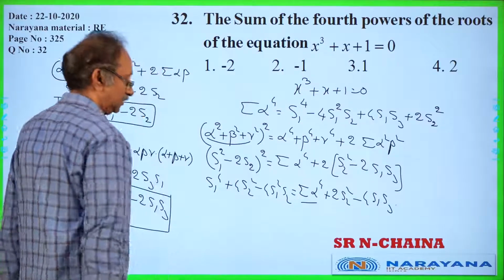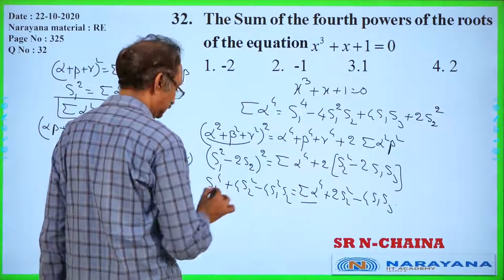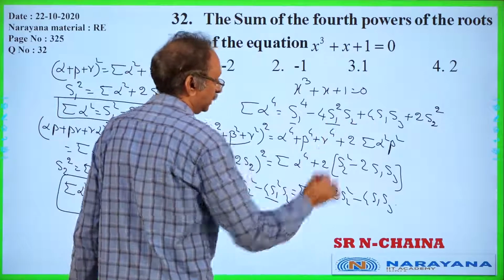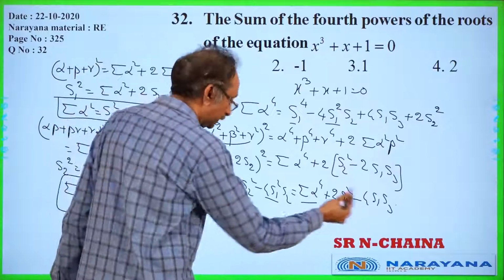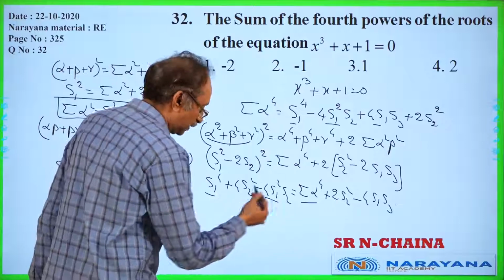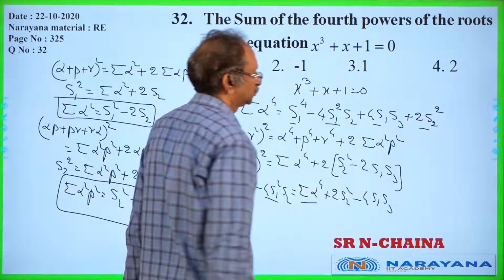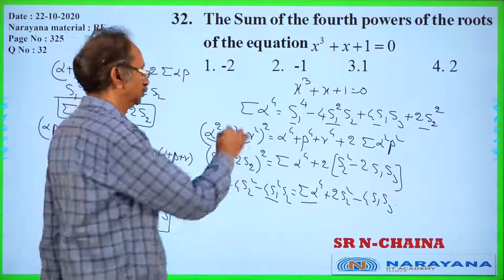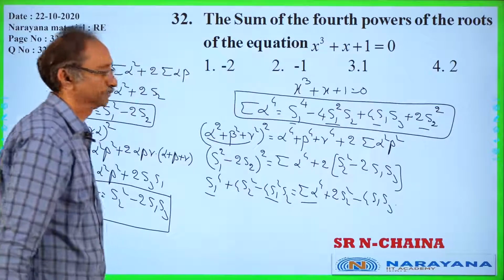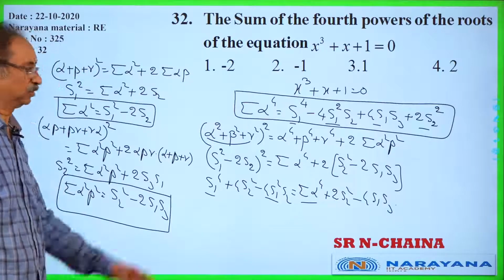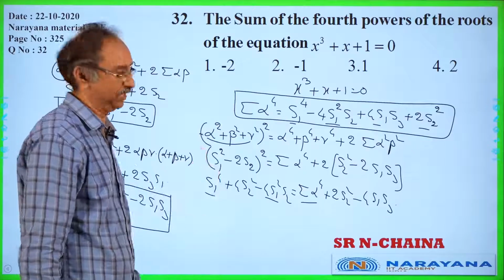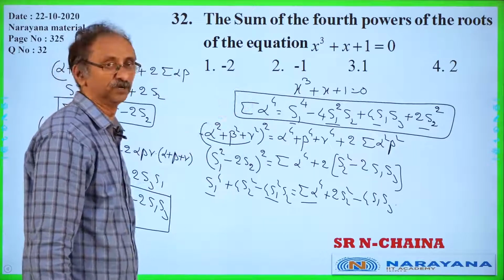And finally, sigma alpha power 4 is S1 power 4 minus 4 S1 square S2, and see, this becomes plus 4 S1 S3, 4 S2 square minus 2 S2 square plus 2 S2 square. So it is useful if you remember this result, or you have to prove it like this. So you can remember, because your memory will be very, very high at this age. So sigma alpha power 4 is that one.